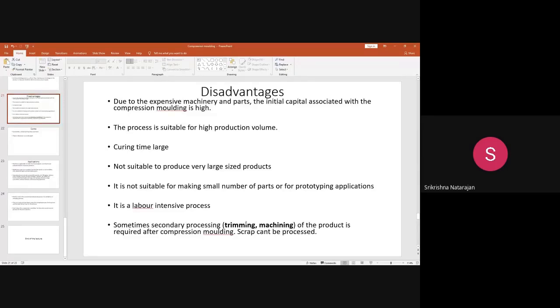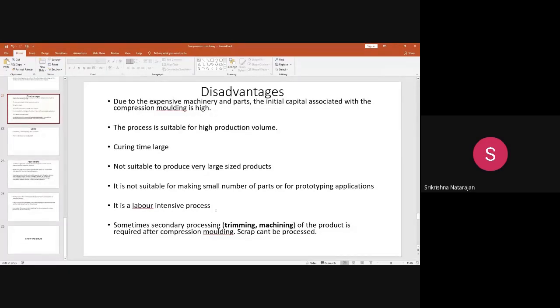Another disadvantage is, though you do this trimming and machining operation to make it into a good composite, it generates some scrap. Though the scrap generated is less, it still generates some.